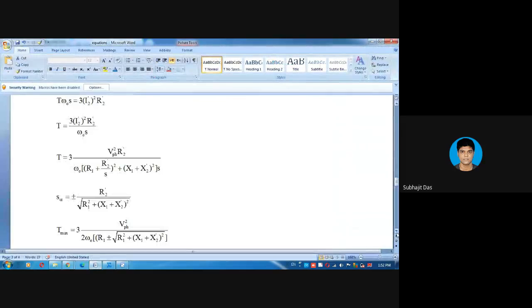Okay, so you have a plus sign and a minus sign. The positive sign is for motoring, the negative sign is for generating. The value of this critical slip, the absolute value of the critical slip, is same for both motoring as well as generating.